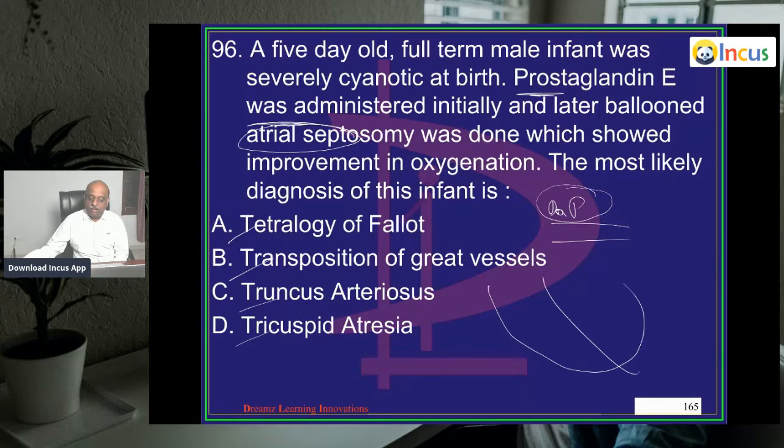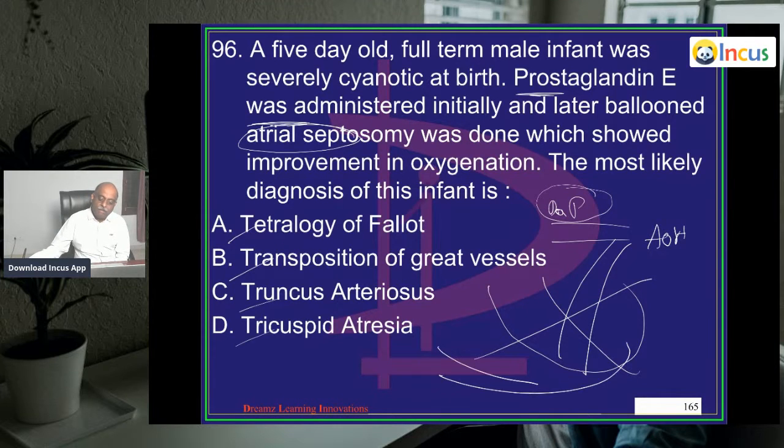You should remember, whenever there is a transposition of the great vessels, what is happening? From the right ventricle the aorta is coming out instead of from the left ventricle, and from the left ventricle the pulmonary artery is coming out instead of from the right ventricle.